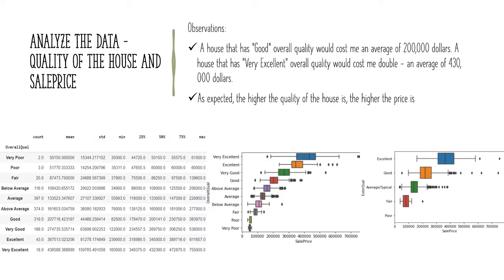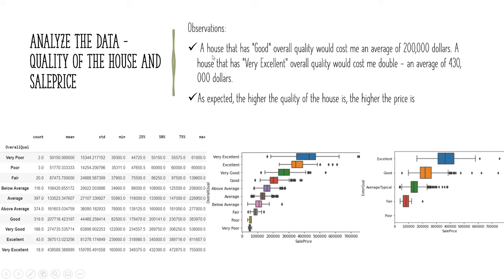So next, we want to identify the relationship between the quality of the house and the sale price. We also apply the aggregation and use a box plot for visualization in this analysis.